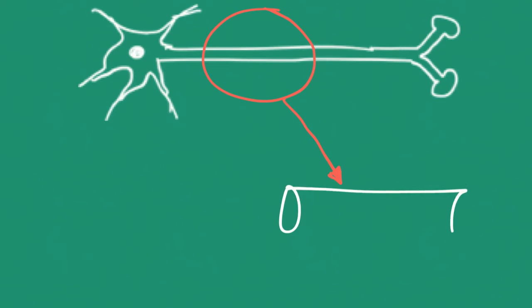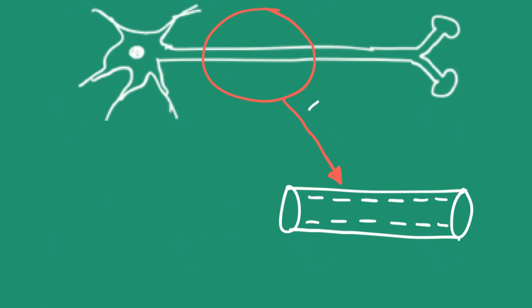Once the axon is depolarized, it must repolarize so that it can return to normal. So let's look at the same axon, a close-up of it. Once the full depolarization has occurred and you have reached plus 20 millivolts, now it goes back to the original, which is the minus 70 millivolts.